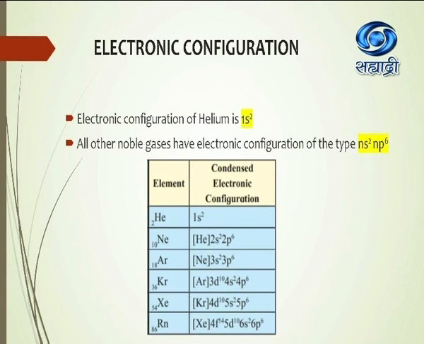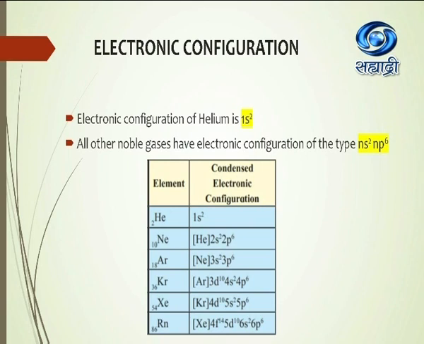Argon, atomic number 18, electronic configuration is neon core 3s2 3p6. Krypton, atomic number 36, configuration is argon core 3d10 4s2 4p6.